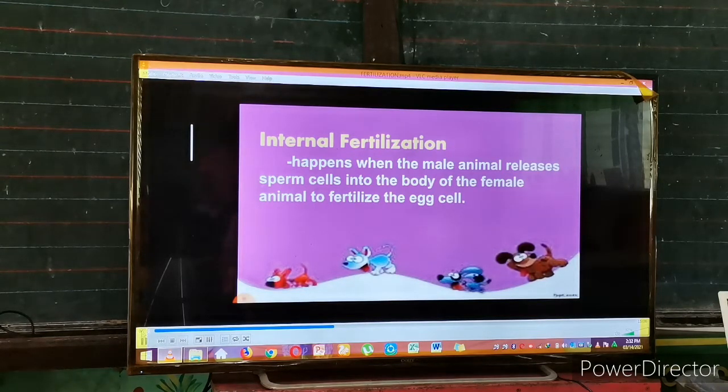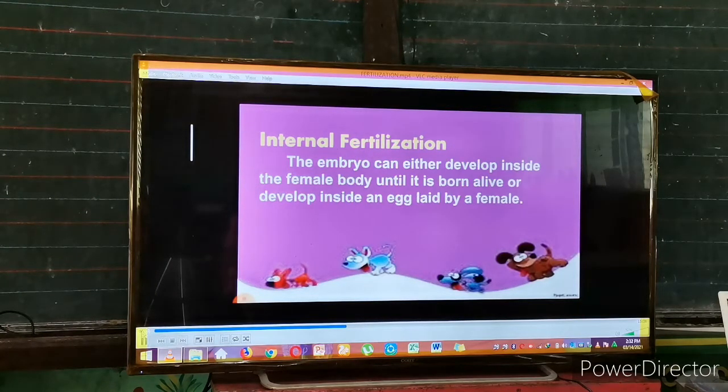Ang ibig sabihin nun, ang male animal magre-release siya ng sperm cell sa loob ng katawan ng female animal para magkaroon ng union between the sperm cells and the egg cell. Uulitin ko, sa internal fertilization, nangyayari yung union sa loob ng katawan ng babae.